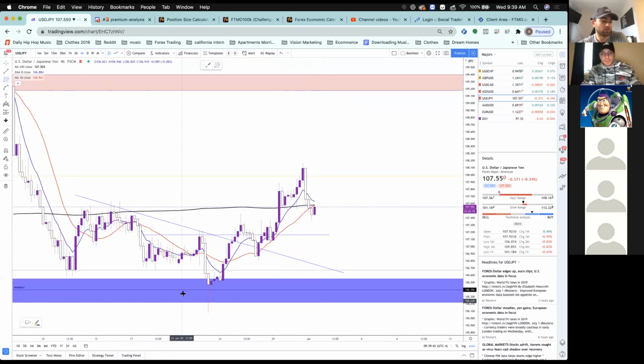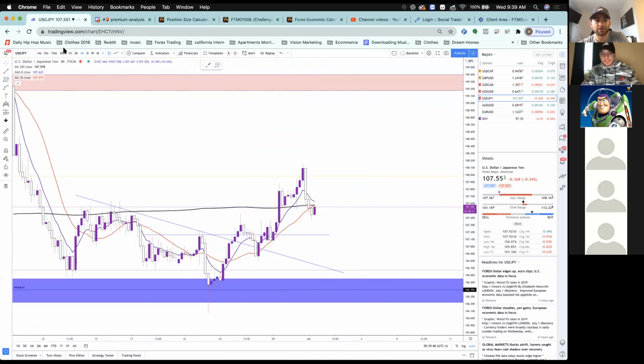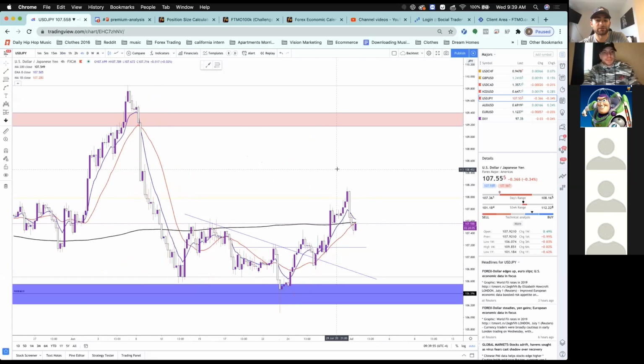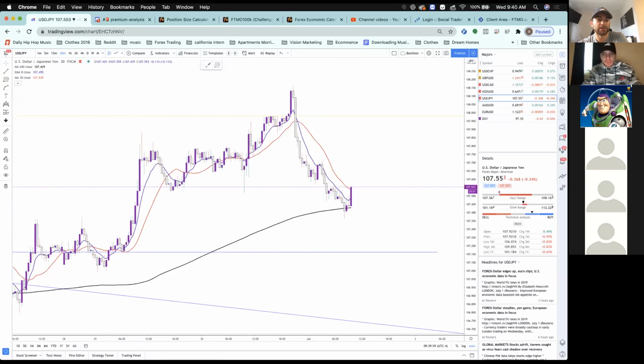So really what I need to happen now, and I won't even bring on the fibs, is as the 30-minute comes down, I need some more price action confirmation. I need a lot more to happen on this for me to take some trades. What I'm looking for is price to come up, rejection, come up again, break, and then long.